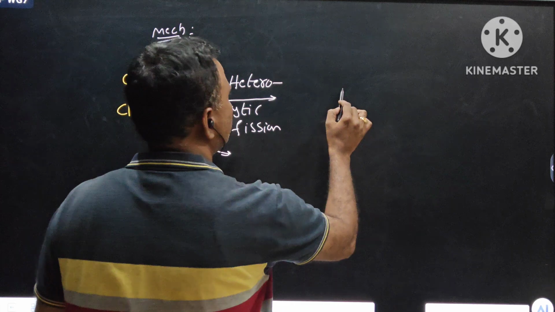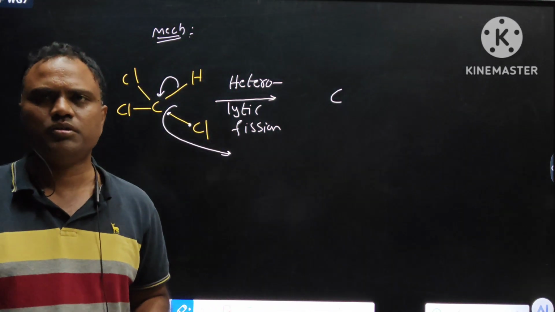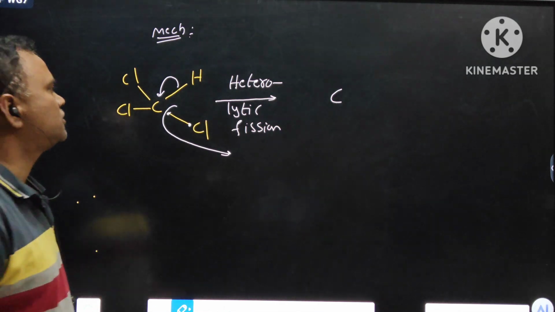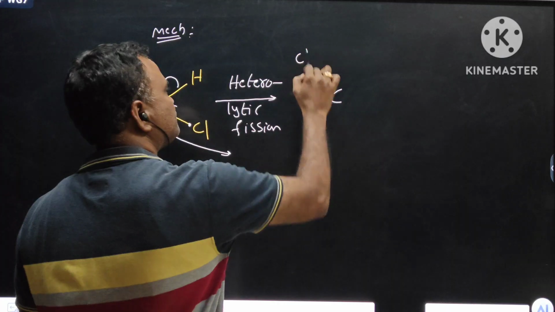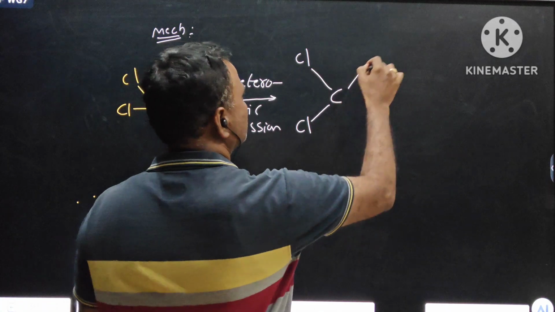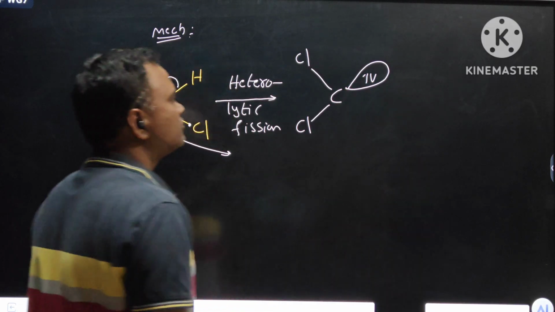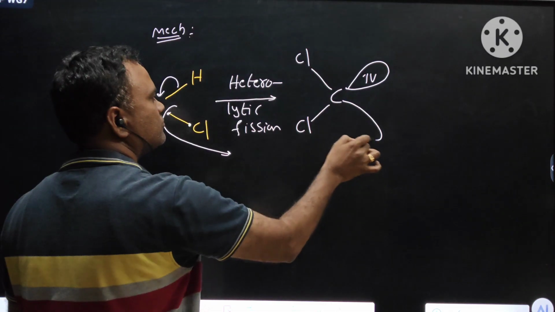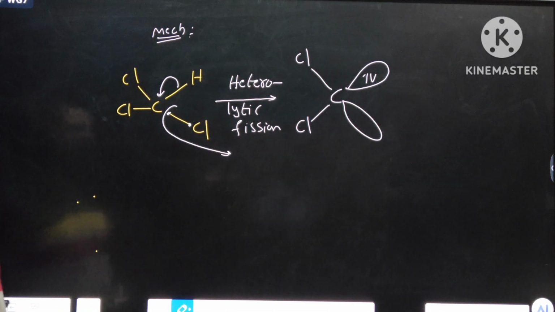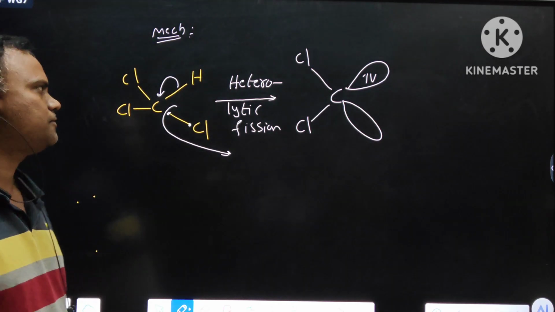See, which type of carbene is formed? We know the name of the product is carbene, the intermediate is carbon, but which type is it? Let us see. Actually, around carbon 4 orbitals are present.